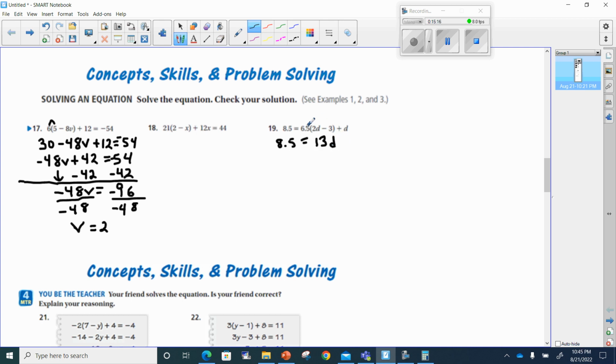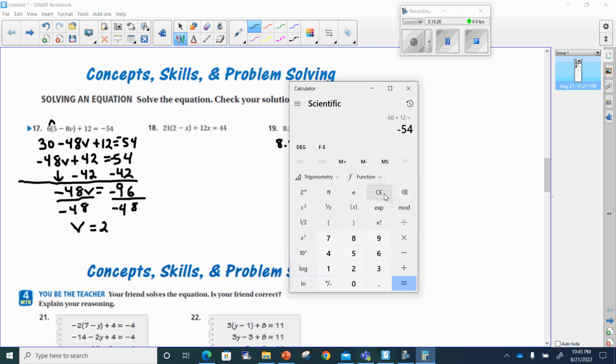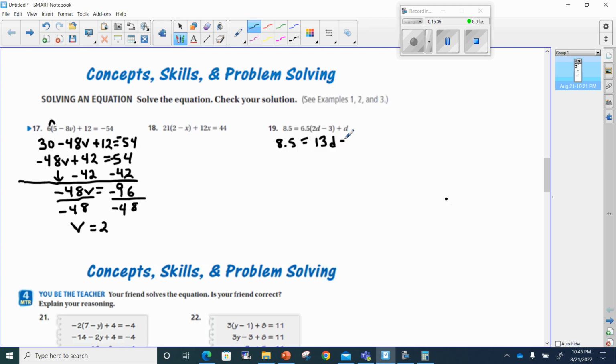And then 6.5 times negative 3. 6.5 times 3 is 19.5. So that's going to be minus 19.5. All right. And then plus d.